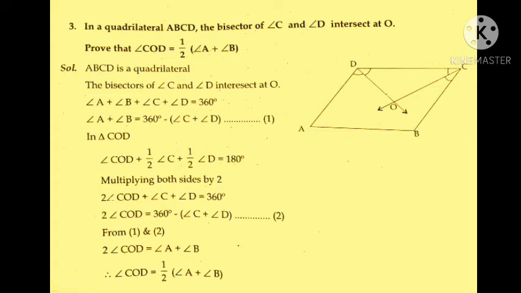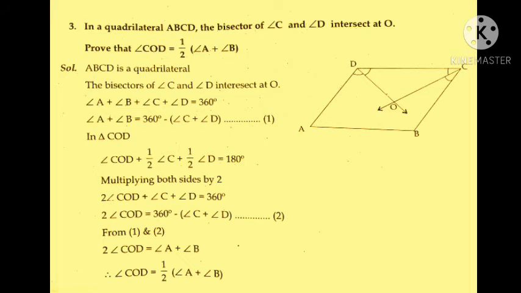The bisectors of angle C and angle D intersect at O. Therefore, angle A plus angle B plus angle C plus angle D is equal to 360 degrees, since angle sum property of a quadrilateral. That implies angle A plus angle B is equal to 360 degrees, and sending angle C and angle D to the right side of the equation, it becomes minus of angle C plus angle D. Let us say this is equation 1.